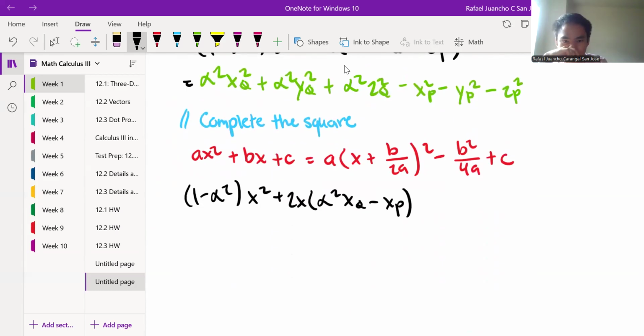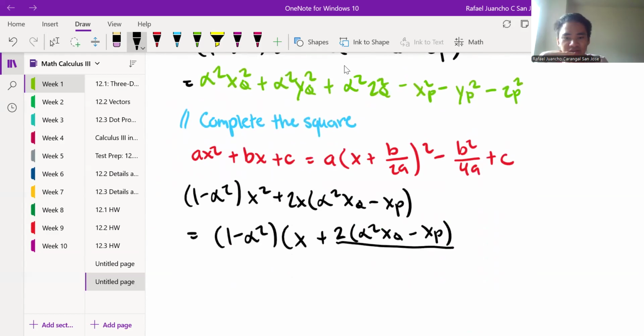And here we can equate this to, so this is 1 minus alpha squared. This is x. We add it to RB. That's RB. We divide it by 2 of this. We square that thing. We subtract.